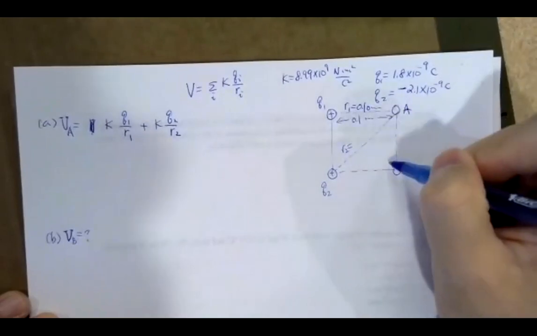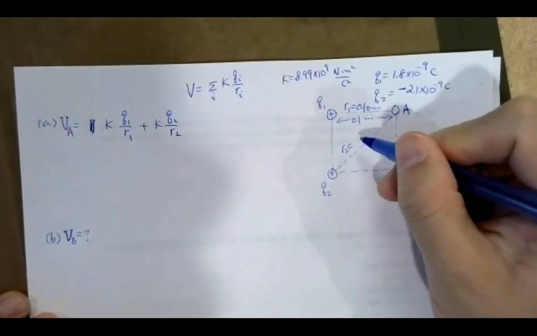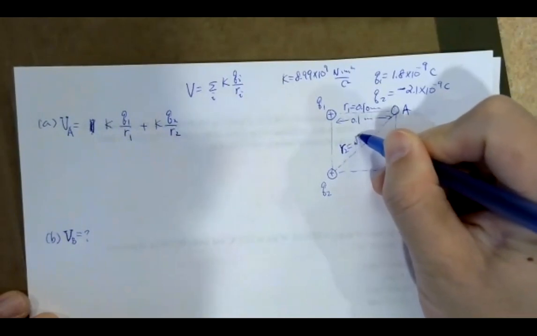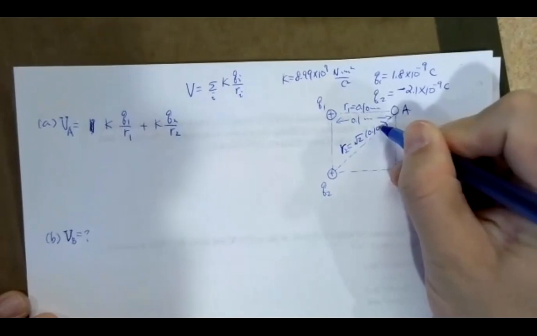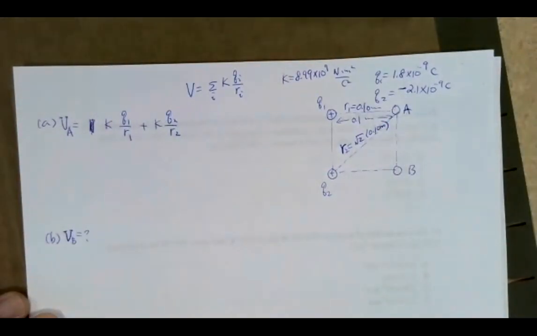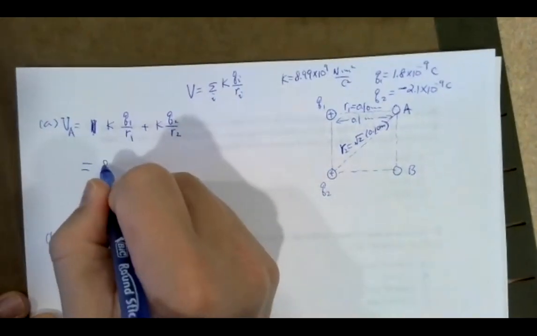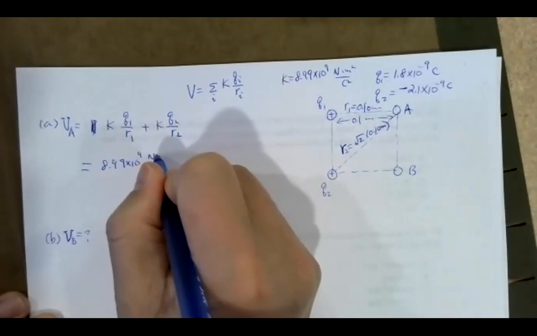Because this is a square, the diagonal of a square will be equal to, this is R2, square root of 2 times 0.10 meters. k is the same, 8.99 times 10 to the 9, and you can put the k in front.